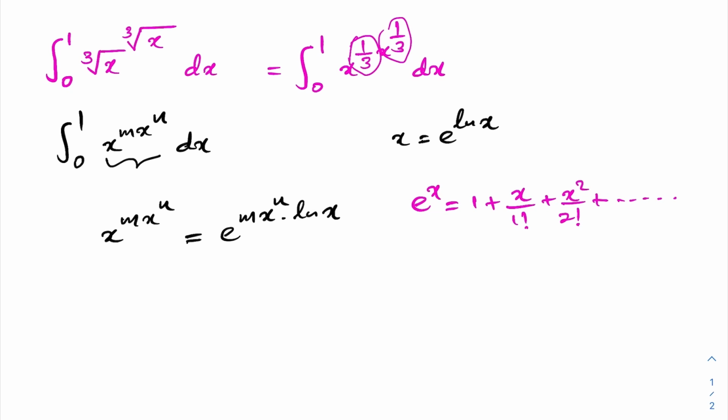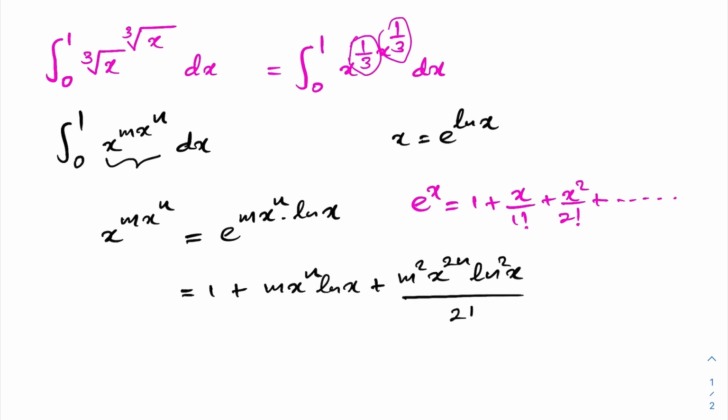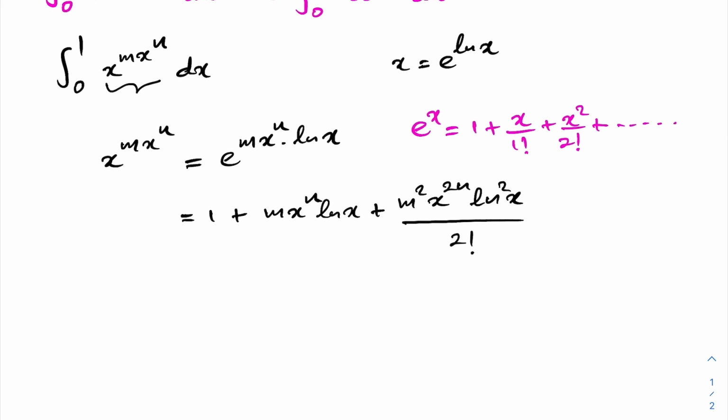Therefore, we can write this as 1 plus m x to the n times natural log of x, plus m squared times x raised to the 2n times natural log squared of x over 2 factorial, plus m to the 3rd power x raised to the 3n times natural log cubed of x over 3 factorial, plus so on.